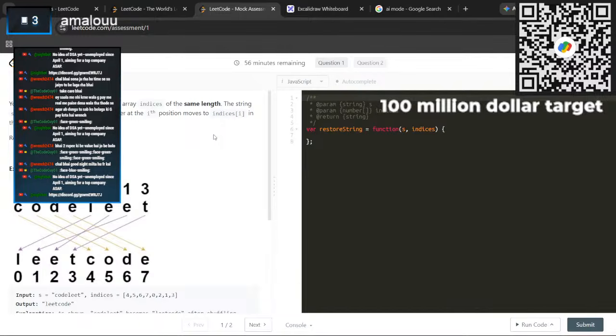Or maybe sorted fashion. Or can I? Should I run on my indices?